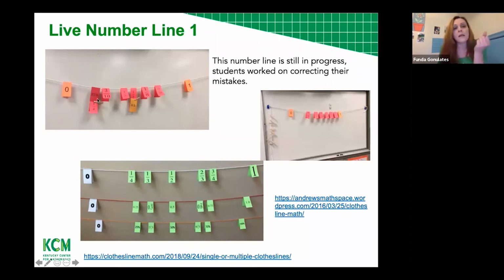One way is they can hang the related cards together, or they can use a whiteboard to write equivalent cards. For example, if there's a fraction card, what's another equivalent fraction name, or what's an equivalent decimal name, or you can use separate clotheslines to represent all 3, fractions, decimals, and percents, together.